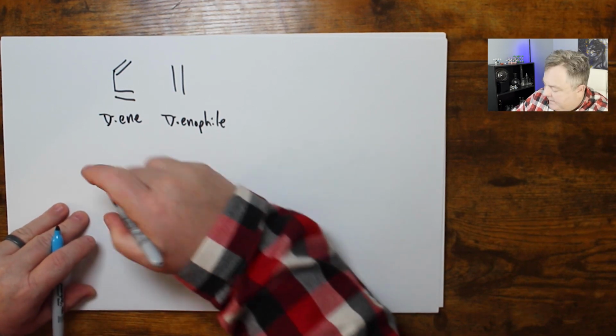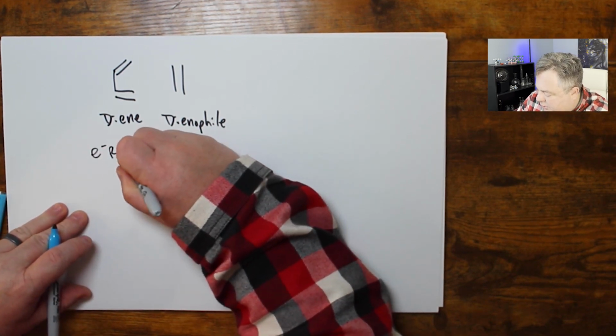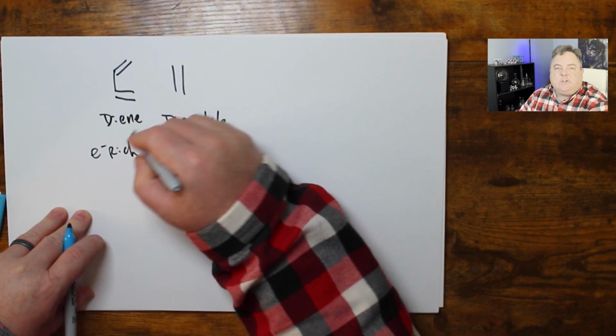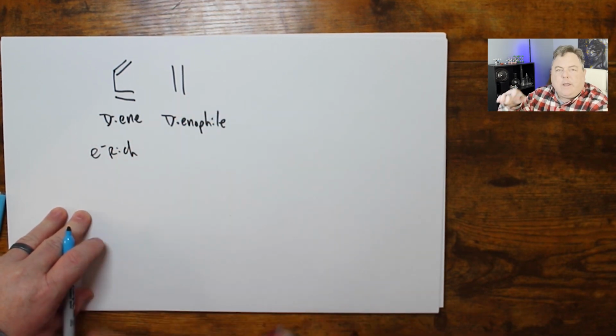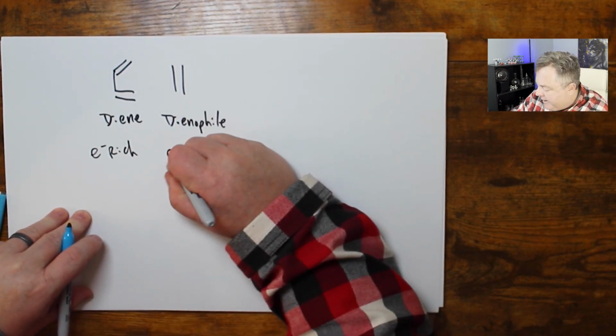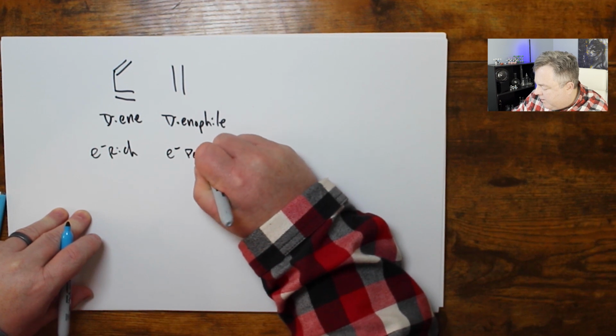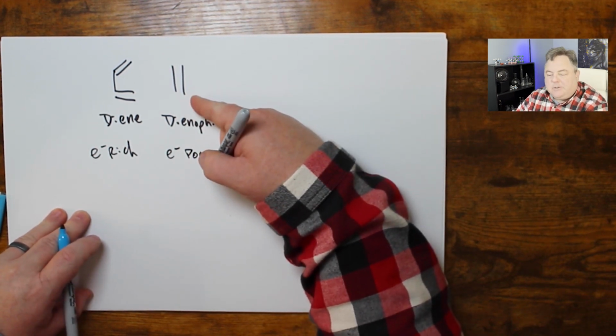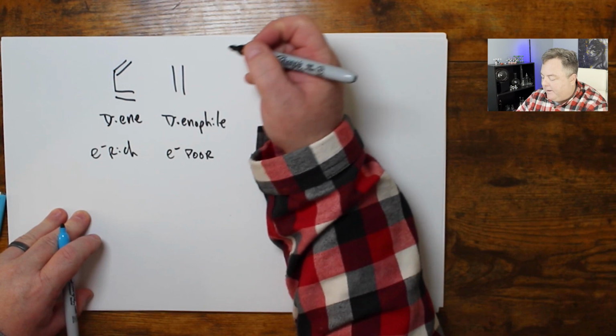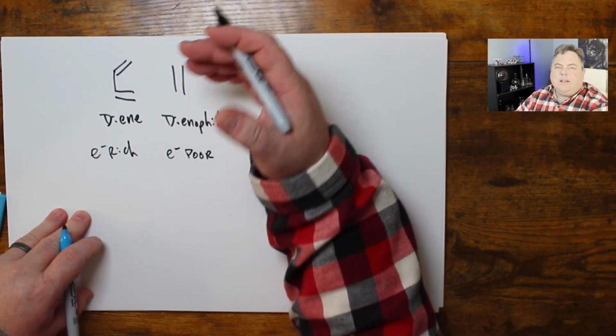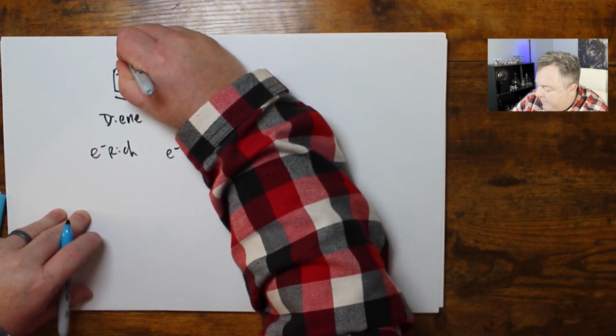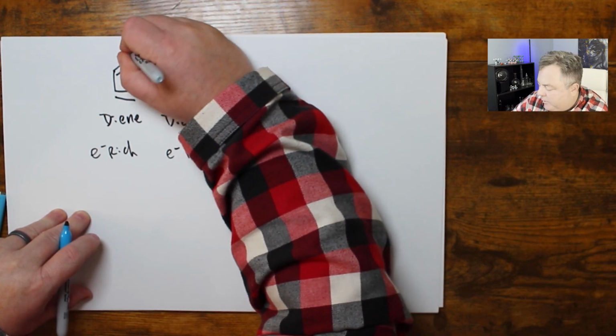So the diene usually is electron rich. We like a whole bunch of electron density in the diene, ready to give away electrons. And the dienophile is usually electron poor. We want it deficient of electrons, so it wants electrons from the diene. So how do we get electron rich? Well, you might have what we call electron donating groups.